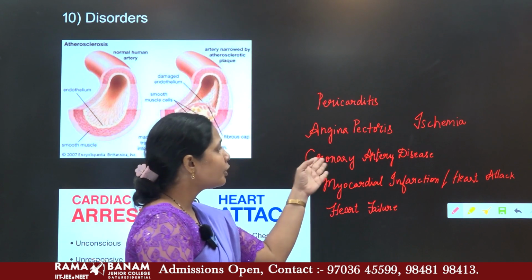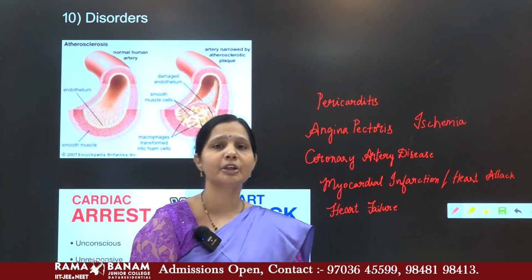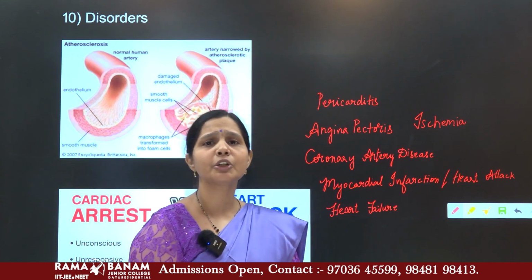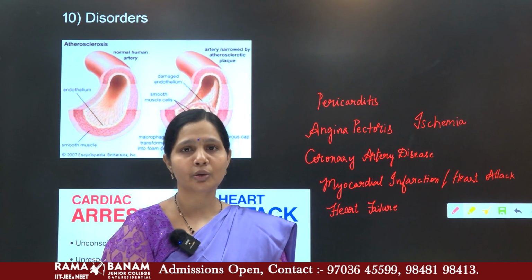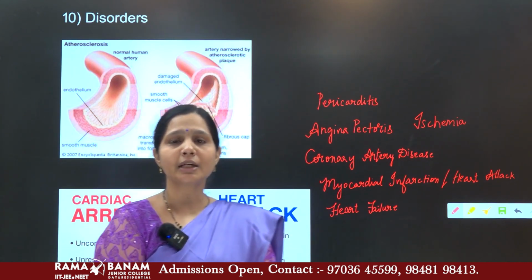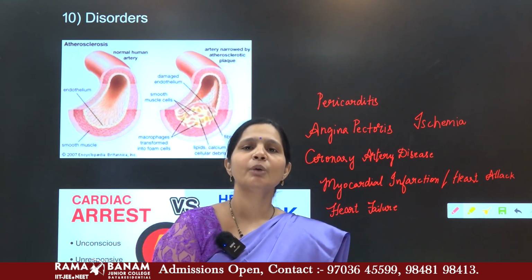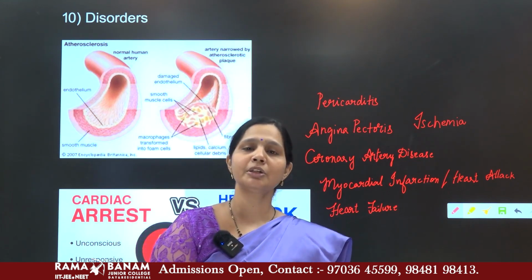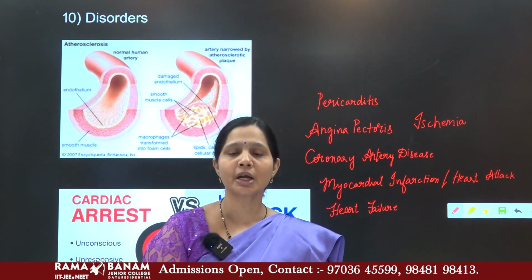Then next one, coronary artery disease, and then myocardial infarction. So this myocardial infarction usually happens because of what is known as atherosclerosis. So what is atherosclerosis? Athero means artery, sclerosis. So why does this sclerosis happen? Because artery by nature itself has a very narrow lumen because it has two elastic lamina.